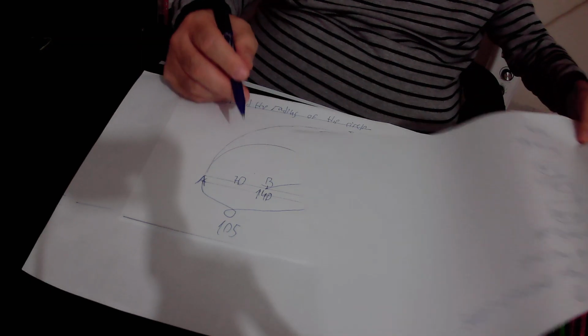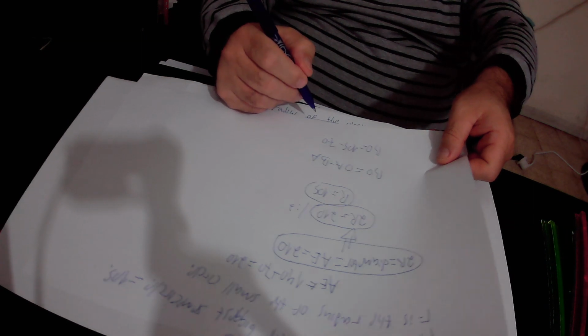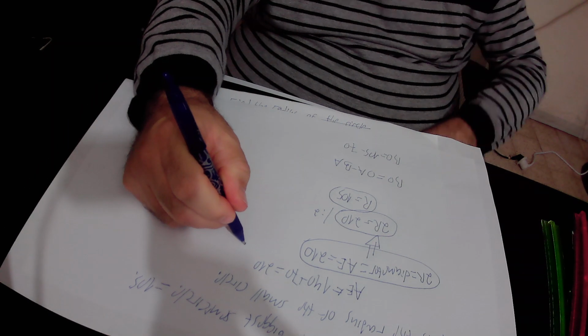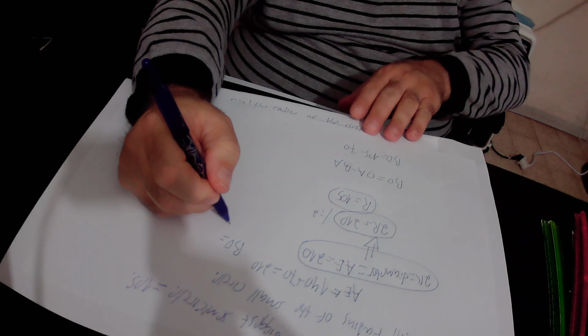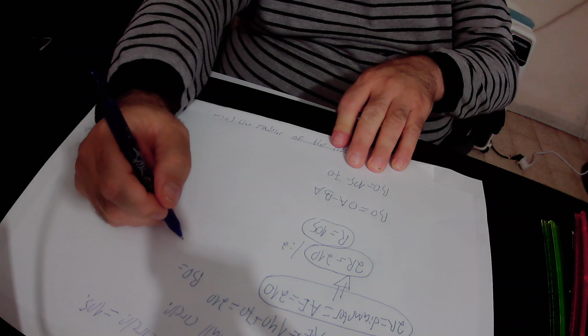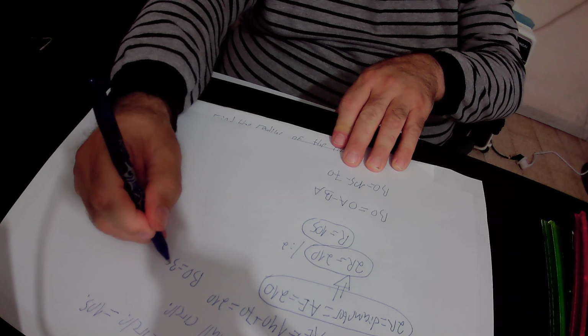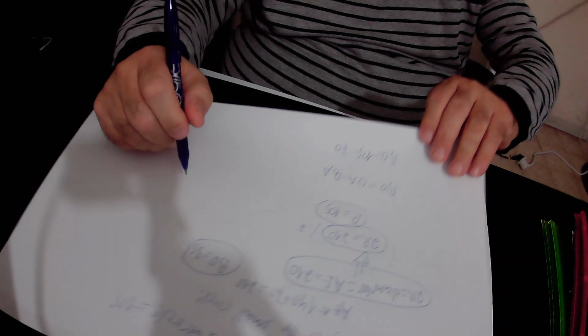So we substitute BA by 70. In conclusion, we found out that BO or OB equals 105 minus 70, that is 35 units. Line segment BO equals 35 units in its length.